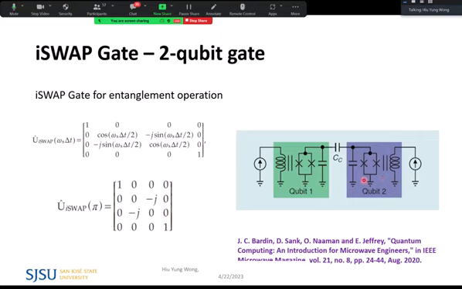So if they are both 00 or 11, just like a classical circuit, they are not going to exchange energy, so the state is not going to oscillate between them. But if one of them is 0 and one is 1, then they will start oscillating, right? And this can be seen from this matrix. The first one corresponds to 00. The last is 11, right? If you understand the matrix well, good, but otherwise this is okay.